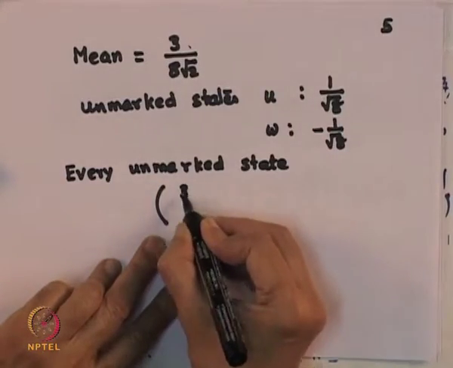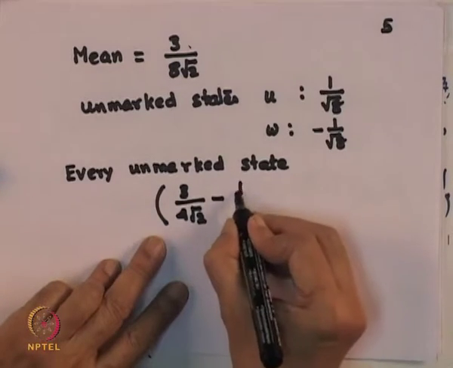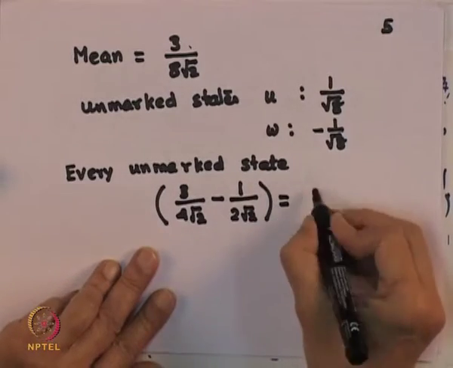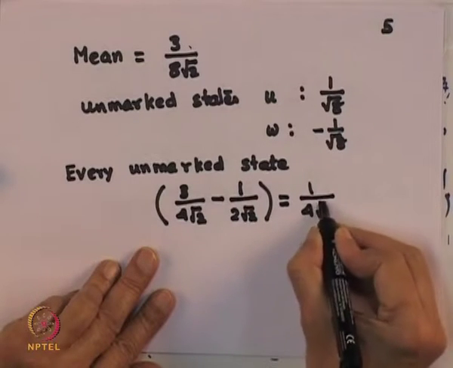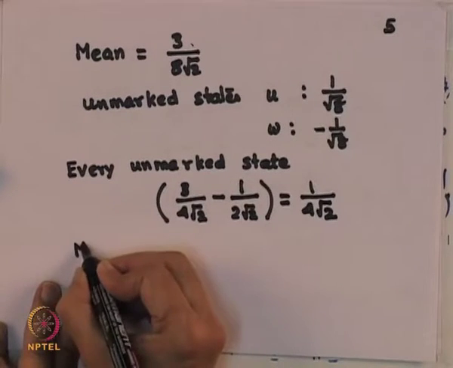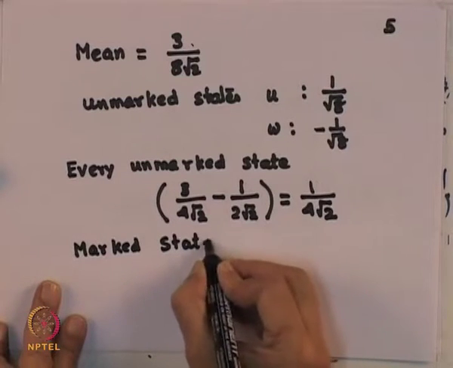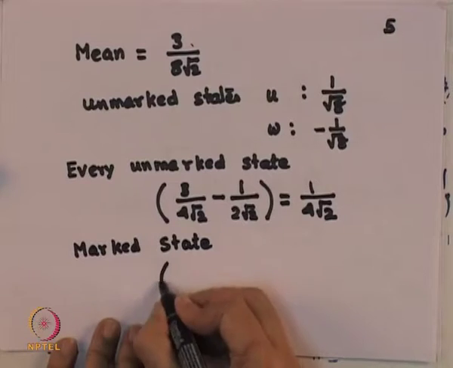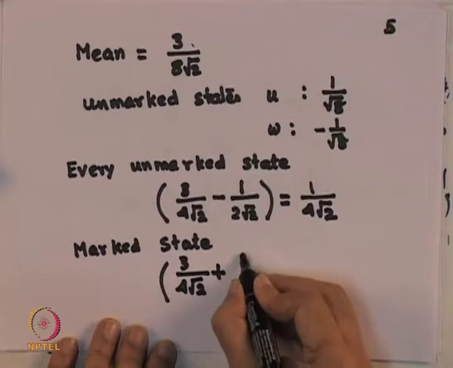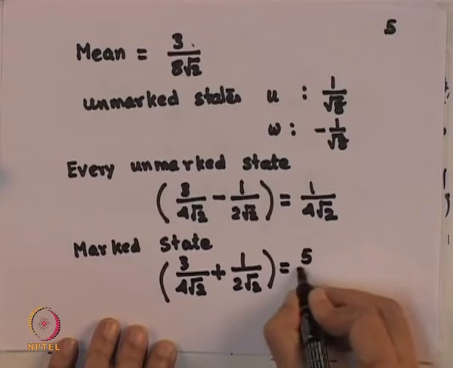So 2 times A bar is 3 by 4 square root of 2, minus 1 over square root of 8, which is 1 over 2 square root of 2, and that's equal to 1 by 4 square root of 2. The marked state W, remember, had a sign difference, so this will be 3 by 4 square root of 2 plus 1 by 2 square root of 2, which is nothing but 5 by 4 square root of 2.